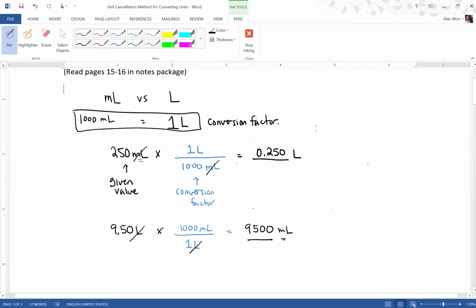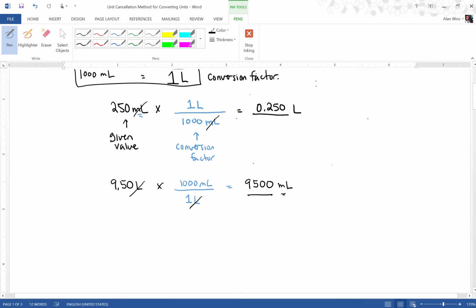Conversion factors are a really simple way of using fractions and ratios to help you convert from one unit to another. We will use the unit cancellation method quite often throughout the entire unit.